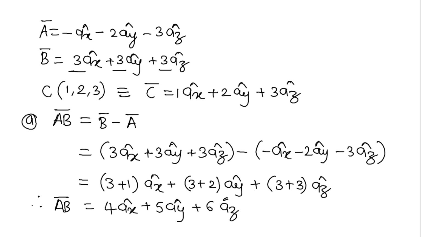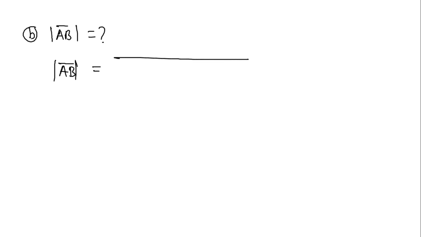Now we shall move on to finding the answer for part B. In part B, as you see, we require the magnitude of AB bar. So how do we find the magnitude? For determination of the magnitude of a vector, we take the square root of the summation of the squares of the coefficient values.